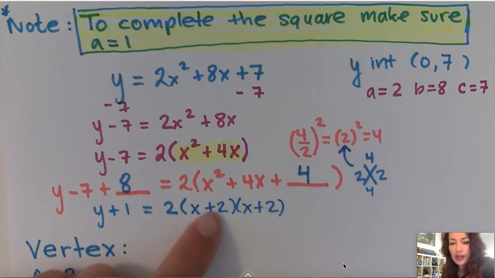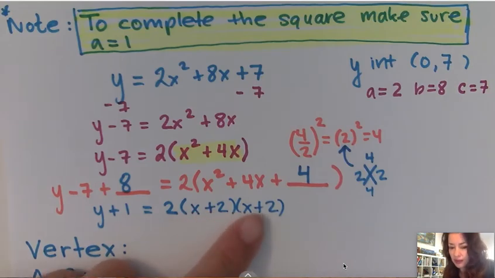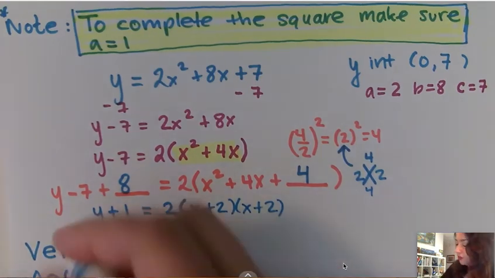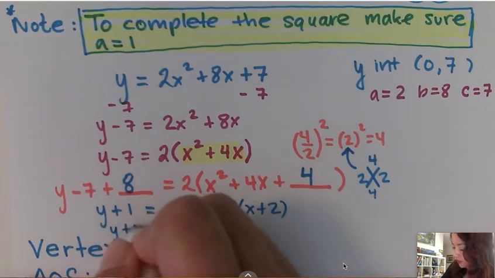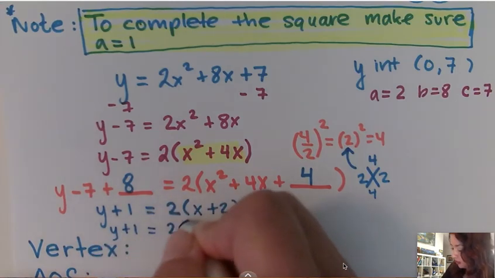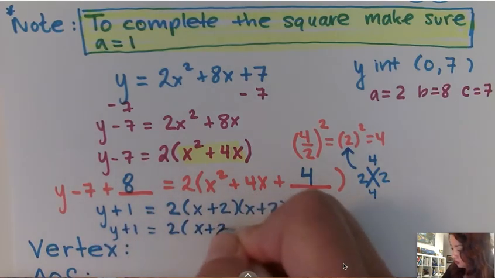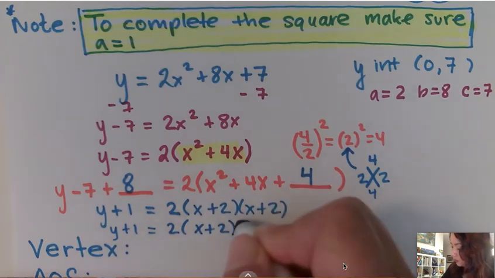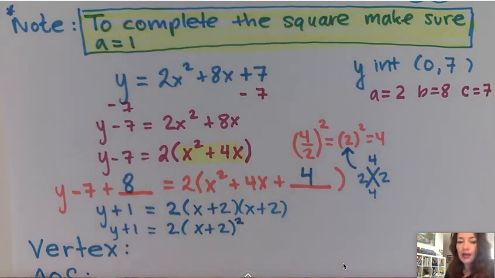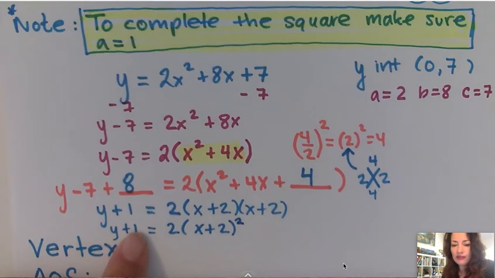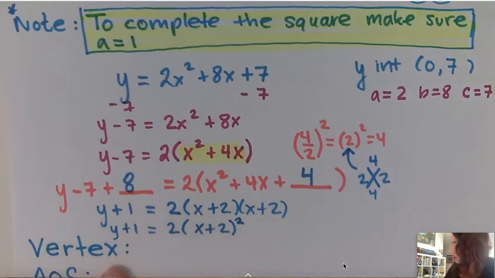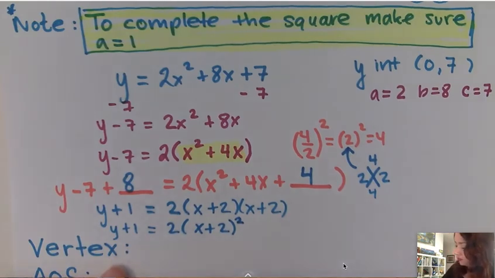Well, this creates 2 identical binomials, which I can rewrite as a binomial squared. So that is 2 times (x plus 2) squared. And now what is left to do is to just bring the 1 to the other side, and that would mean we would subtract 1 on both sides.